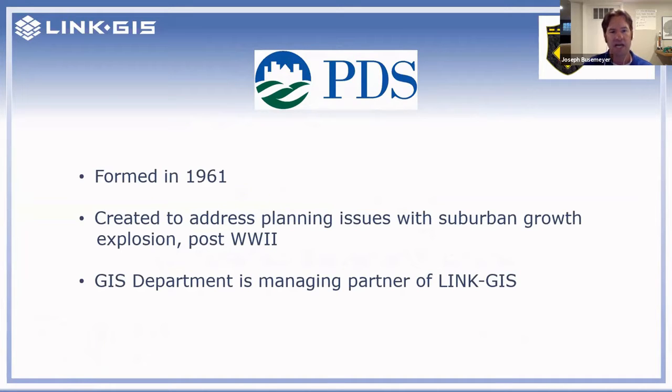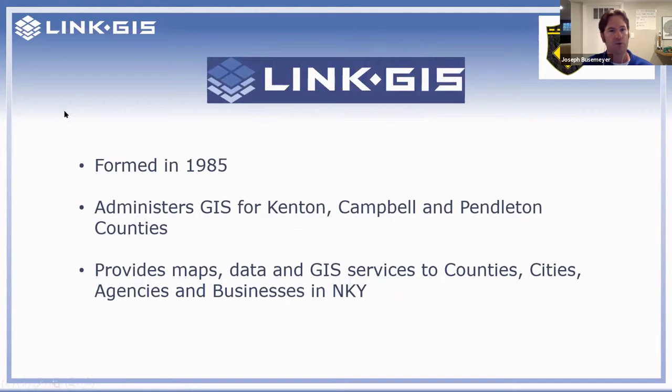And the GIS department is the managing partner of the LINK-GIS consortium. The LINK-GIS consortium was formed in the mid-'80s, and we administer GIS for 3 counties in Northern Kentucky: Kenton, Campbell, and Pendleton counties. We provide maps, data, and GIS services to those 3 counties and the multitude of cities, agencies, and businesses in Northern Kentucky.